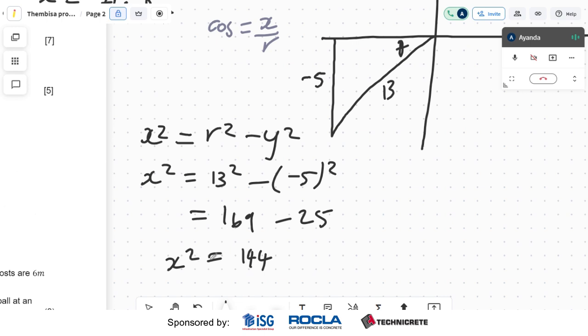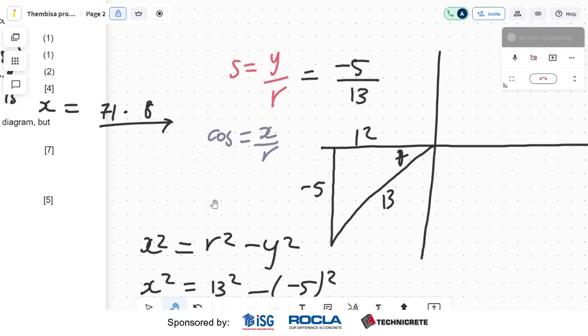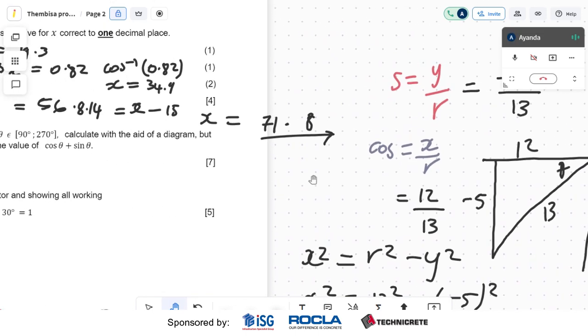And if x squared is 144, the square root of 144 is 12. So x is equal to 12. Or you could have known that this is a Pythag triplet and just added the x into your diagram. So cos is going to be 12 over 13.